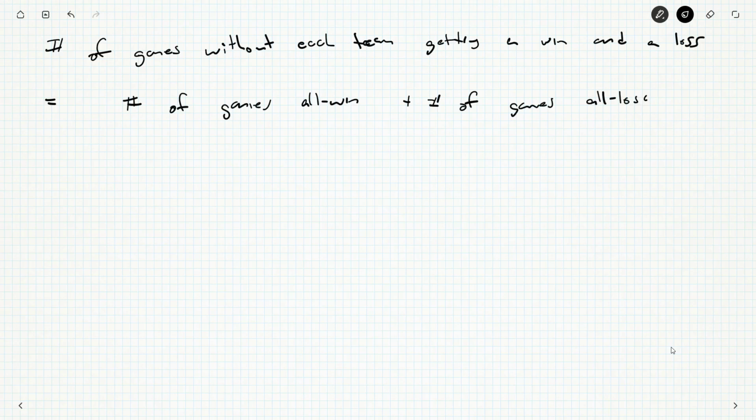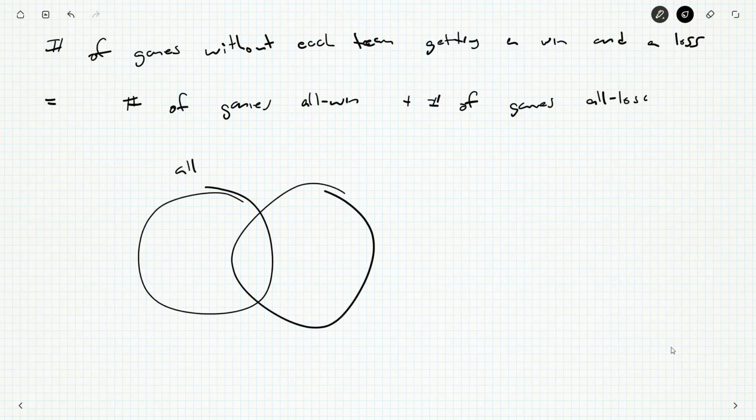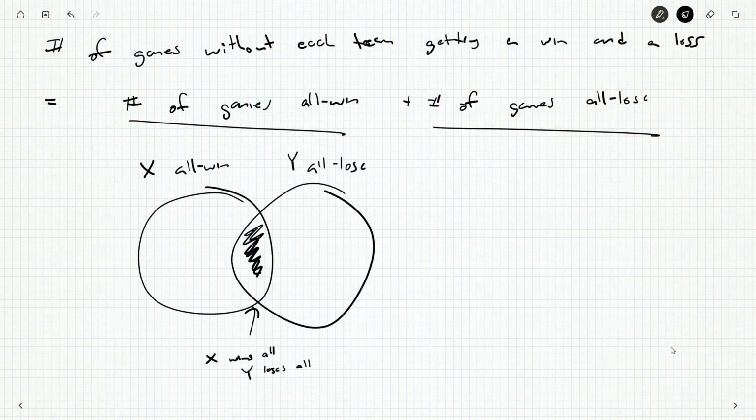But inside both of these, and you can sort of think of it as a Venn diagram, all the games that have somebody who wins everything, all the games that have somebody who loses everything, there's going to be an overlap where X wins everything and Y loses everything. And we don't want to count that twice, in the X all win and also in the Y all lose.